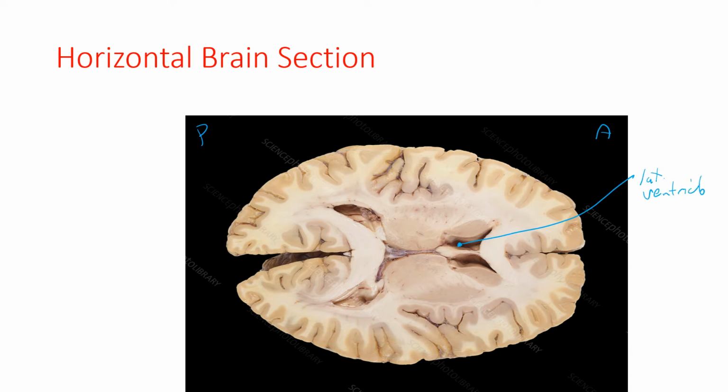And as we look at this, once we've identified lateral ventricles, we can see this white matter right here, which is going to be the corpus callosum. We are going to be able to identify just above that the cingulate gyrus. We are going to be able to identify the septum pellucidum.